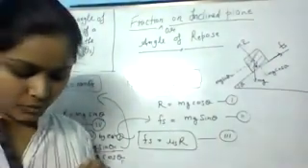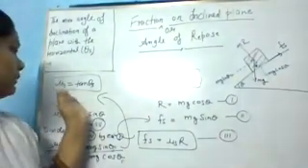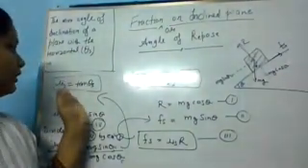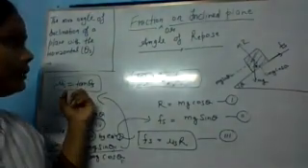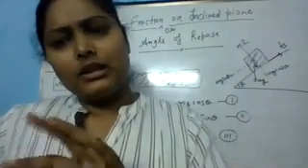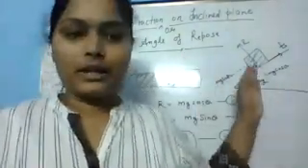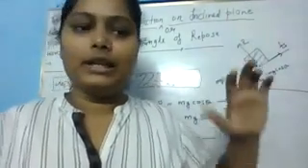Yes, ma'am. Okay. So now this is the proof for the coefficient of static friction, and this is the angle of repose. Don't forget the name. Angle of friction is similar to angle of repose. In the case of an inclined plane, we are using this term.